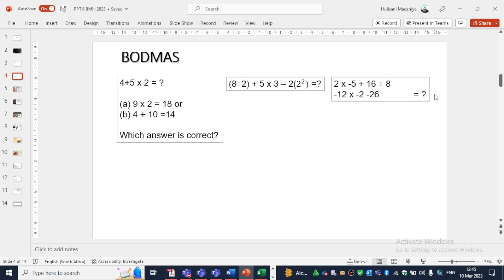Can you please assist us in this one? Which BODMAS rule are you going to apply, and how are you going to get and also give us the right answer for this? Sima, your mic is available. Just unmute and do the calculation and also give us the answer.